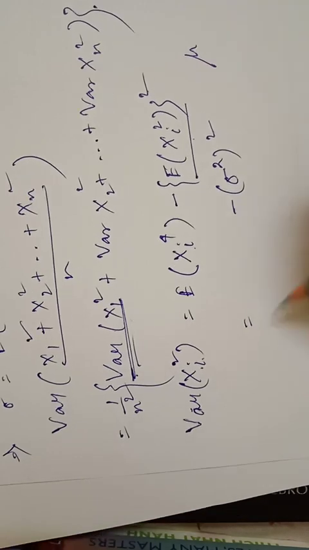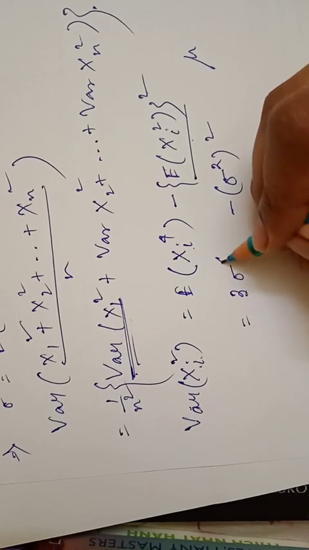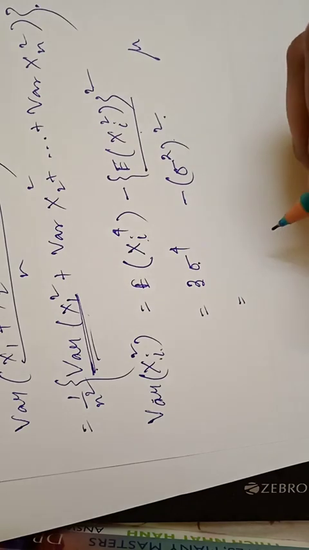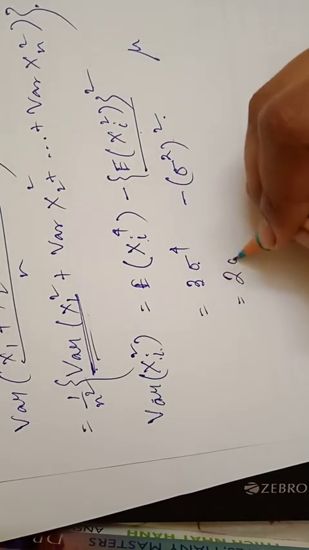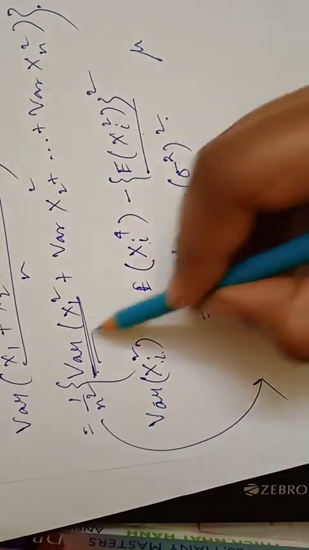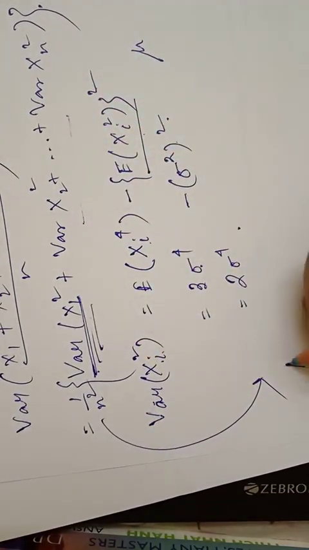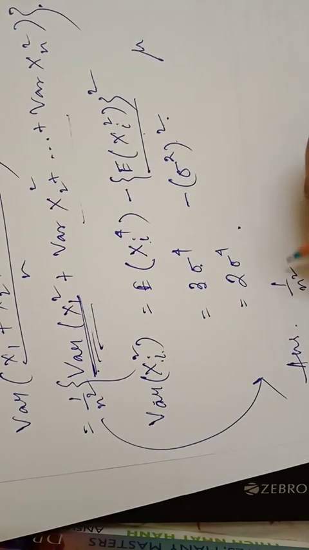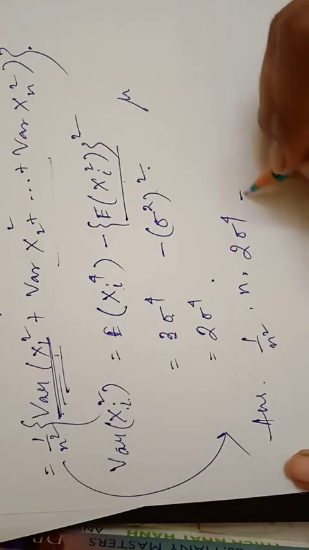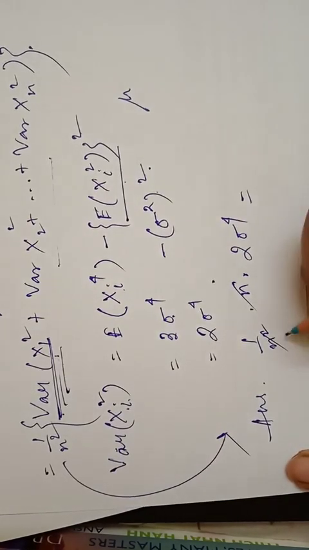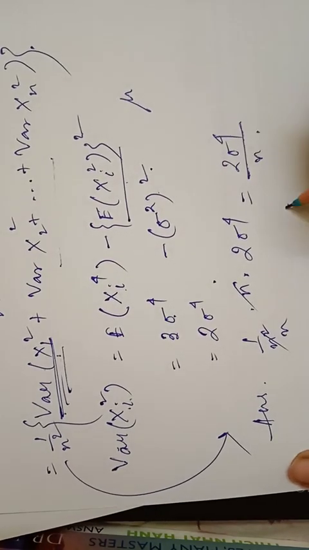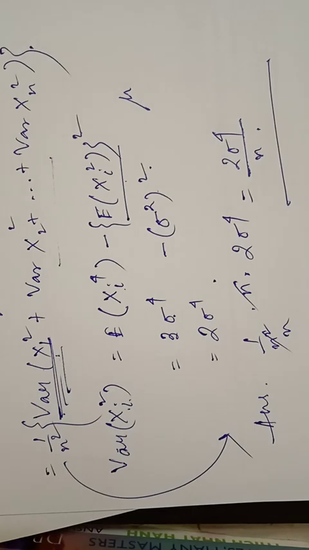So apply it, you will get the result as 3 sigma to the power 4. So 3 sigma to the power 4 minus sigma to the power 4, that is 2 sigma to the power 4, right? So put it over here, this occurs n times, so the answer is 1 by n square into n times 2 sigma to the power 4. The n cancels out, giving 2 sigma to the power 4 by n. Okay, this proves the example.